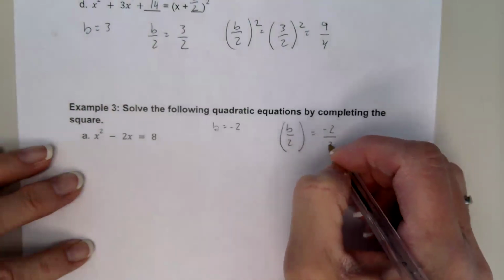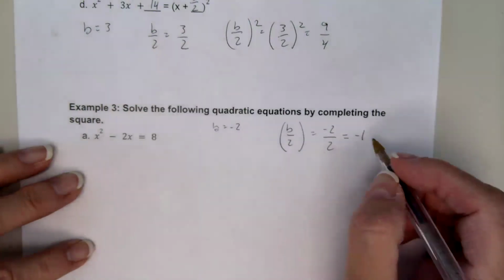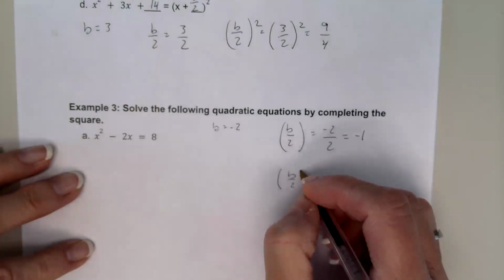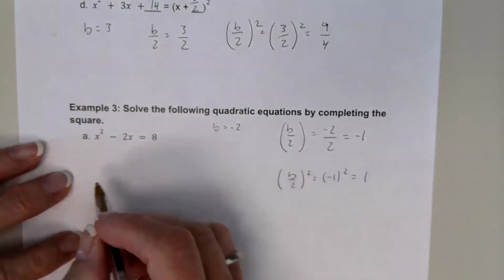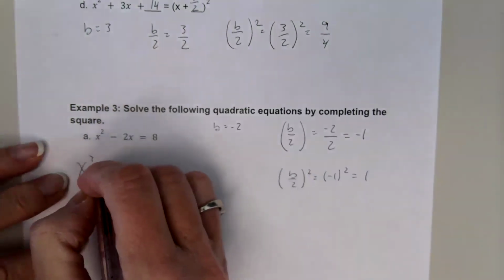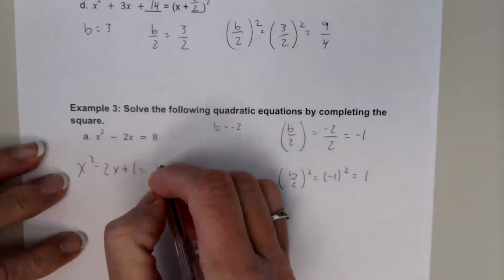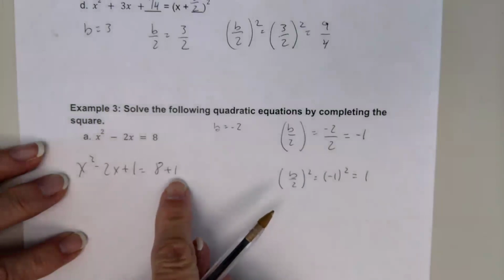So a negative 2 divided by 2 is a negative 1. And so b divided by 2 squared is a negative 1 squared, and that's a positive 1. So that means I have to add 1 on the left, and I have to add 1 on the right. Because I added 1 on the left, I have to add 1 on the right.